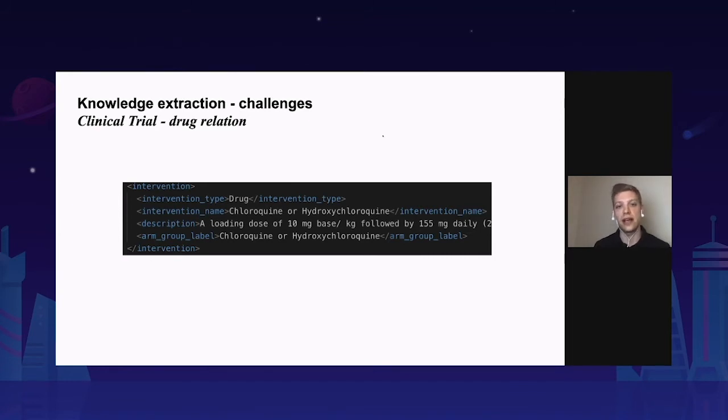The format of the clinical trials data I downloaded is XML, and there are interesting fields in it. One of them is the drug field. But unfortunately, the drug field doesn't necessarily contain one specific canonical name for a drug. Sometimes it contains two drugs, compounds, or chemicals, and sometimes it can even contain some additional information.